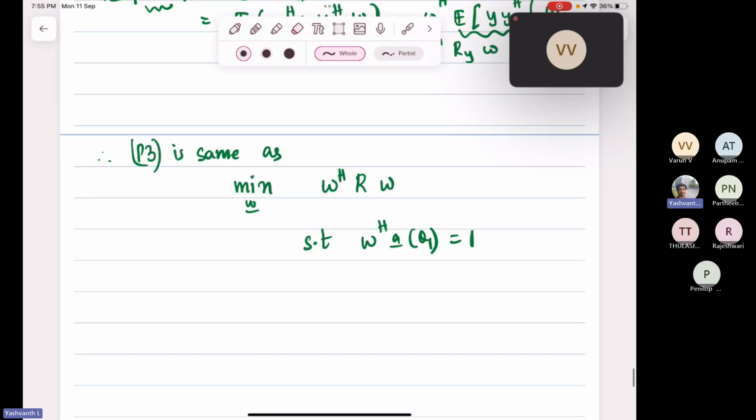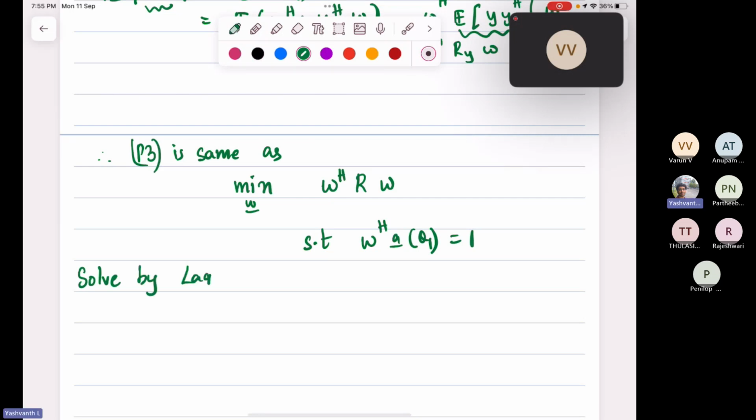What is the problem? You need to solve using Lagrange. Solve by Lagrange multiplier. They call it the method of Lagrange multipliers.